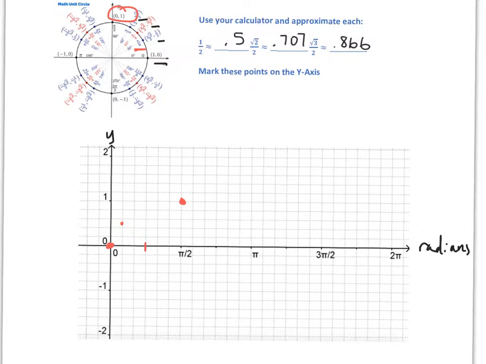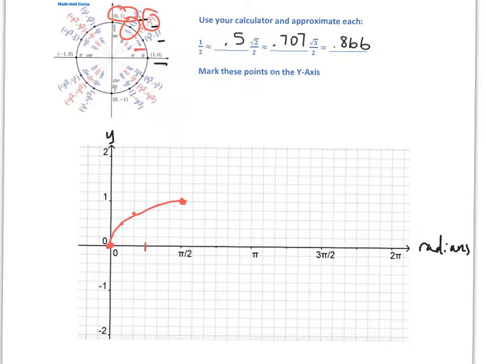Then you've got your pi over 4, which is root 2 over 2, so pi over 4 is going to give us 0.707, right about there. And then at pi over 3, which gives us root 3 divided by 2, or 0.866, it's probably right about here.